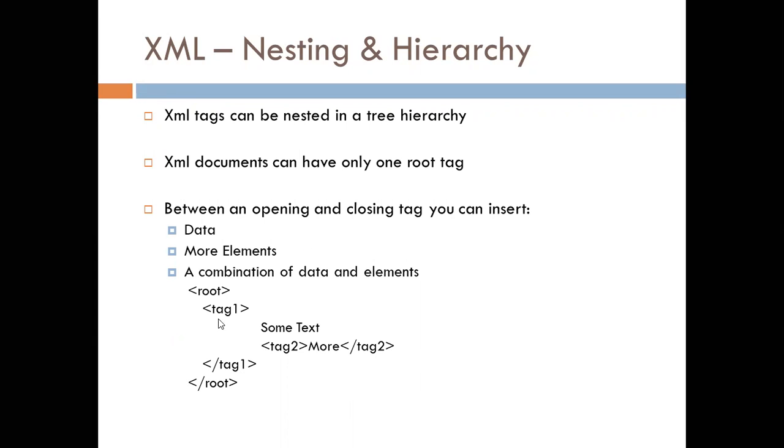You can observe here, the root element, the first and the last should be the same. Then in tag 1, we can write a text, and inside that we can put one more tag. Which means the data field of one tag may contain another data or a tag.